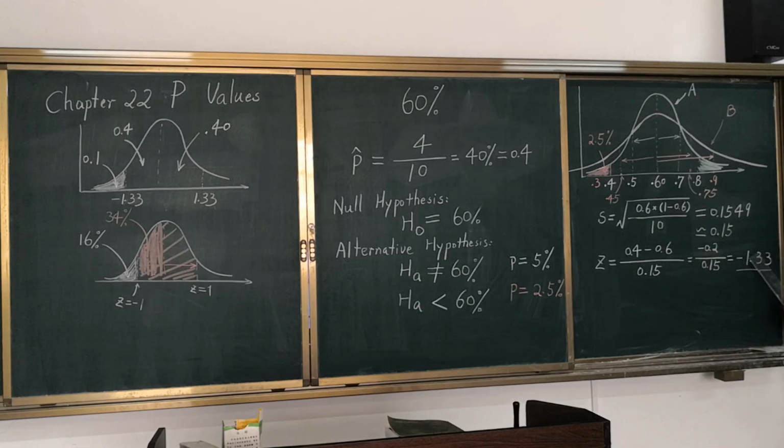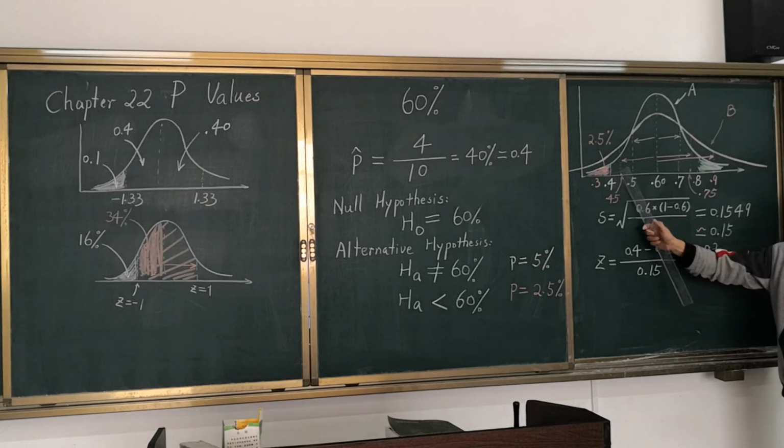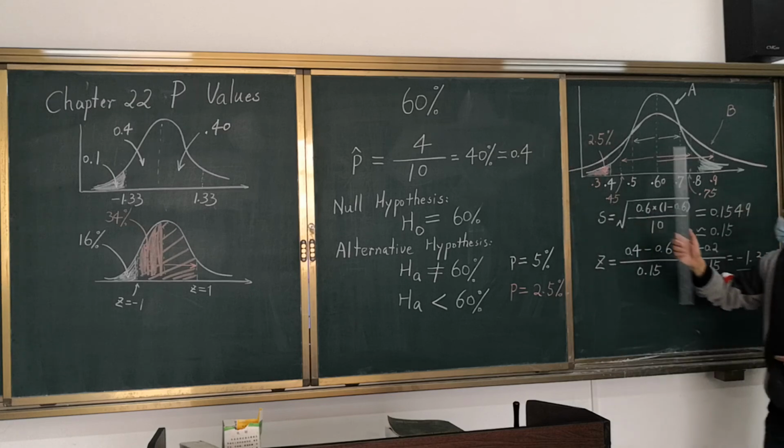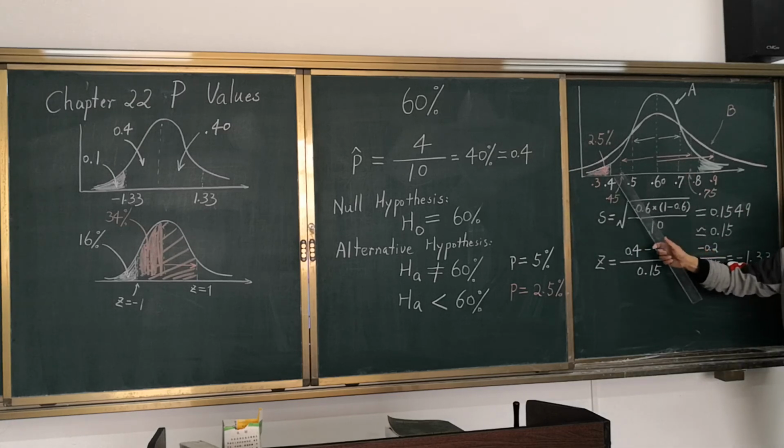He is only 1.33 units away. For person A, he is 2 units away. Even though his performance is 0.4, his z-score is 2. He is 2 units away from his claim.